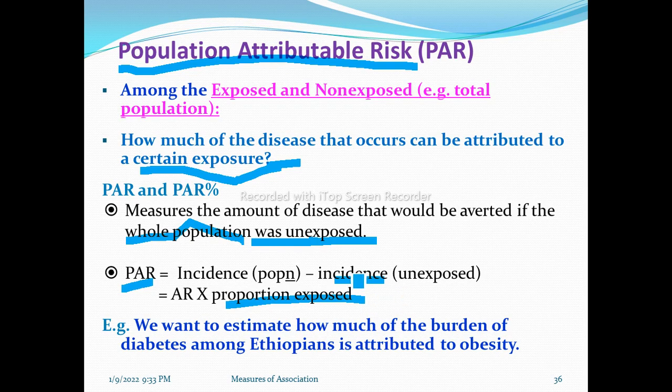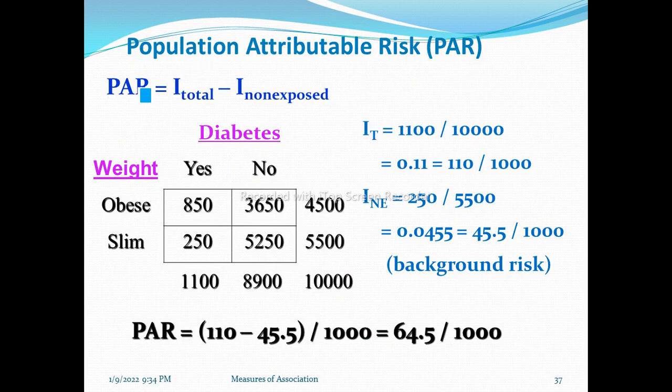This is incidence of unexposed, and this is incidence of exposed in the population. So we want to estimate how much of the burden of diabetes among Ethiopians is attributable to obesity, due to this risk factor. So the whole population is a very core concept. Population attributable risk is calculated using incidence in the total population minus incidence in non-exposed.